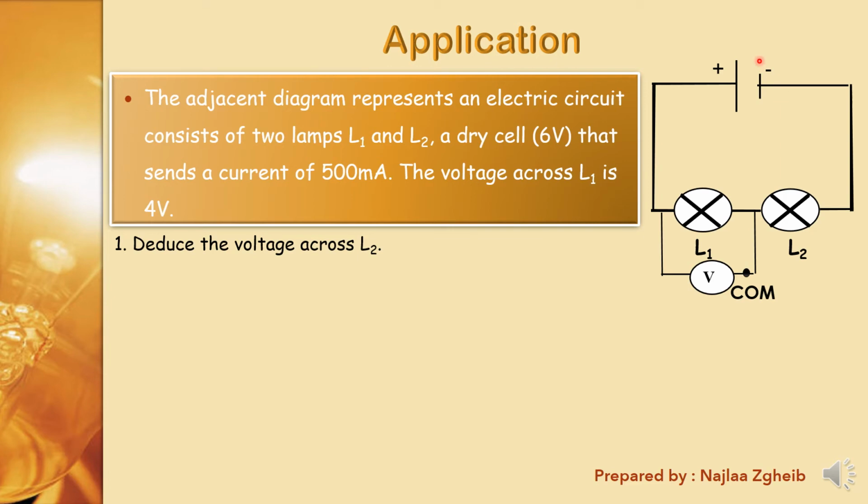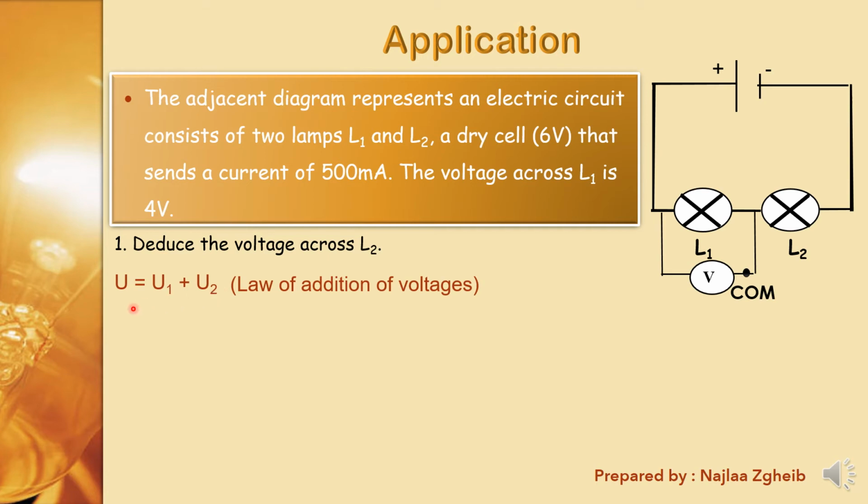If the voltage of the dry cell is 6 volts and the voltage across L1 is 4 volts, what is the voltage across L2? Here I have to use the law of addition of voltage. U equals U1 plus U2.